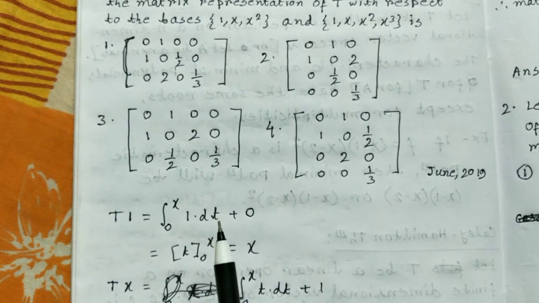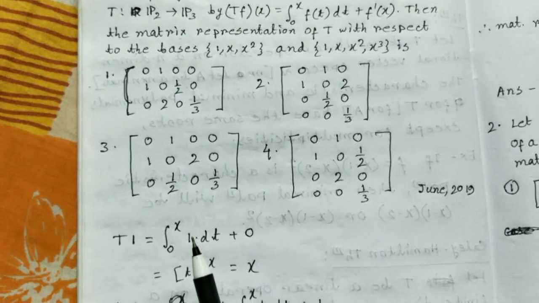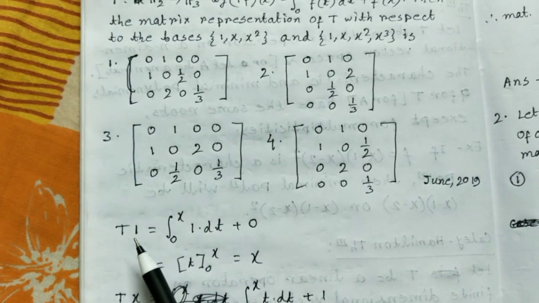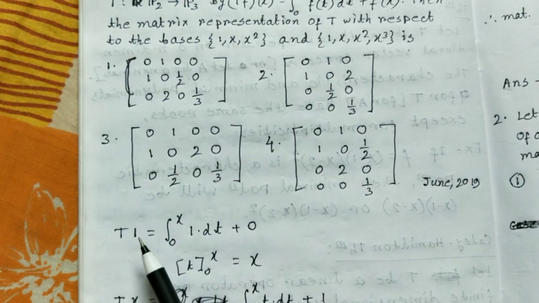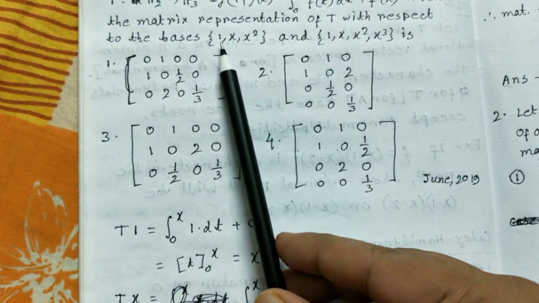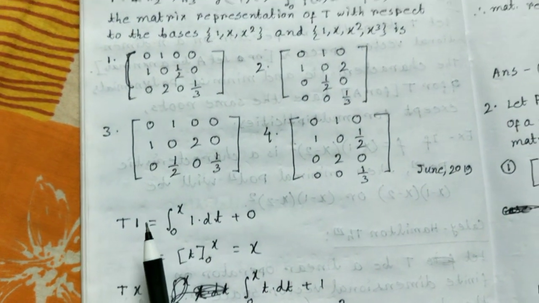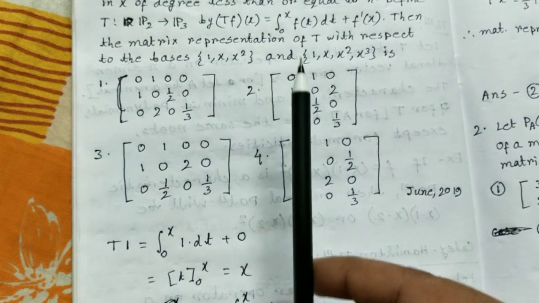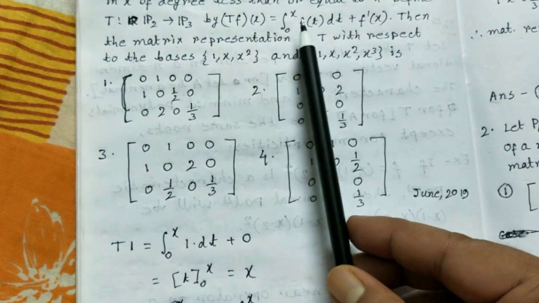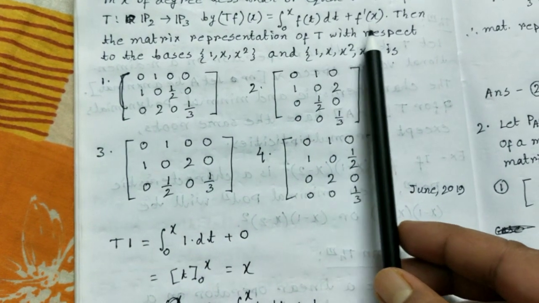to get the matrix representation of that linear transformation, we first have to compute the image of that basis under the linear transformation, that is 1, x and x square. So we have to compute T of 1. T of 1 will be, as per the definition of the linear transformation, integration 0 to x f(t) dt plus f dash x.